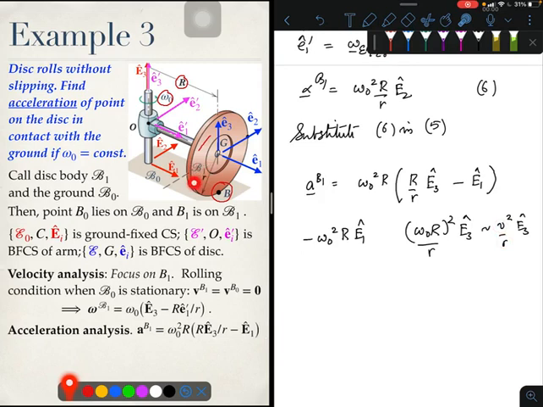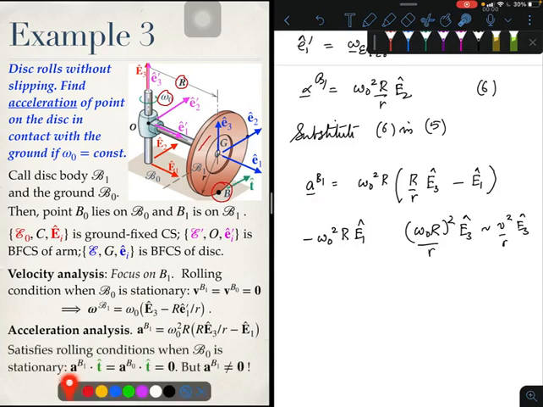Here on the left you have a circle of radius small r. If you were to sit on g and look at b1, it would look like it has a speed omega 0 r, so that with respect to g the acceleration of b1 would be of the kind v square upon r, and it would be directed towards g, that is along e3. So these are the two components of AB1 which we have understood.